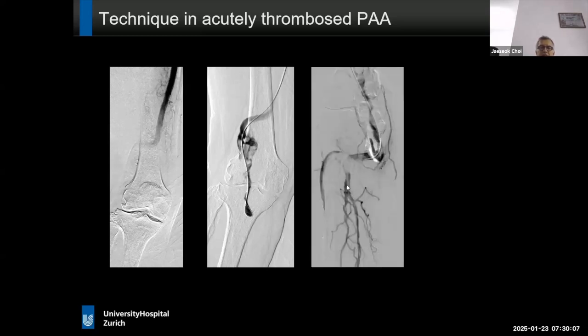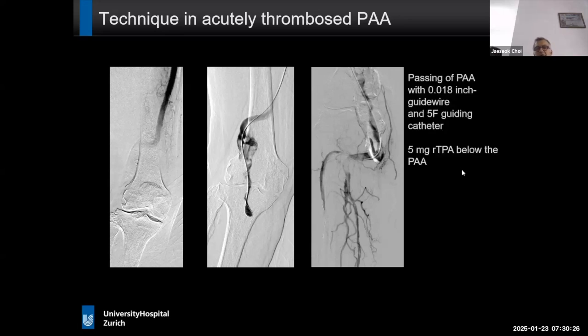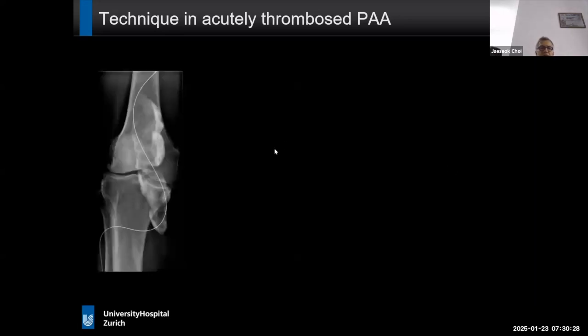Distally here, we inject some thrombolytics, about 4 to 5 milligrams of rtPA. Back then, we used 200,000 units of urokinase, and place our stent graft directly into the clot. And so that looks like that.